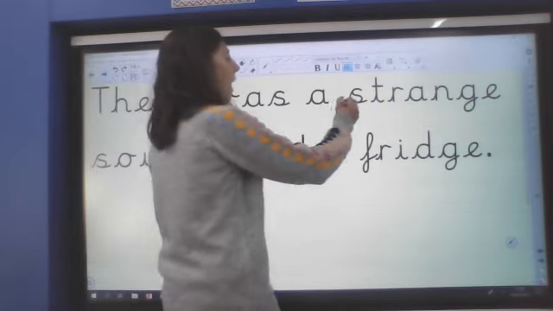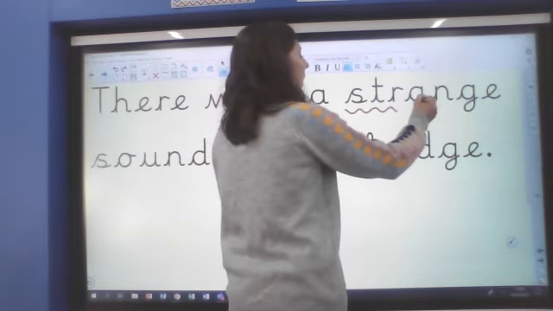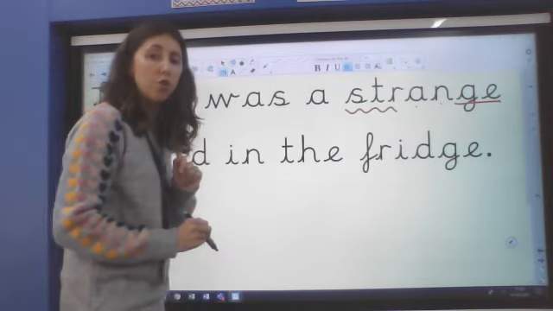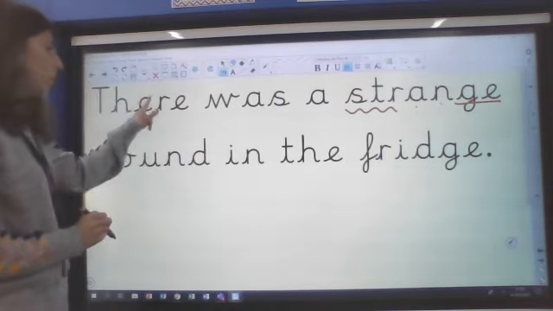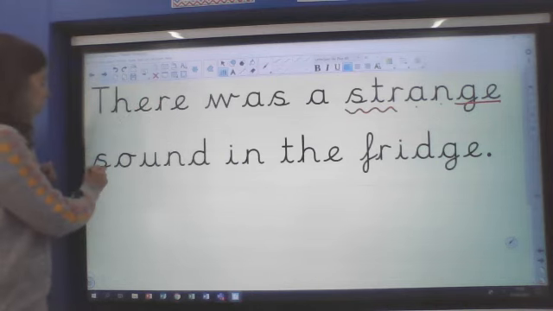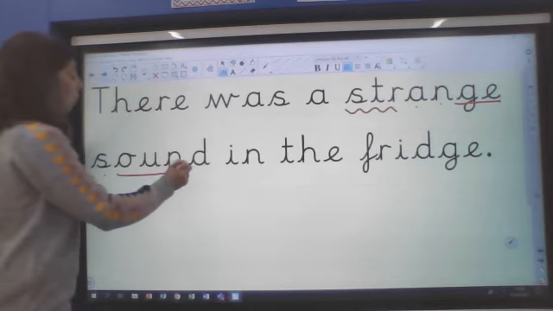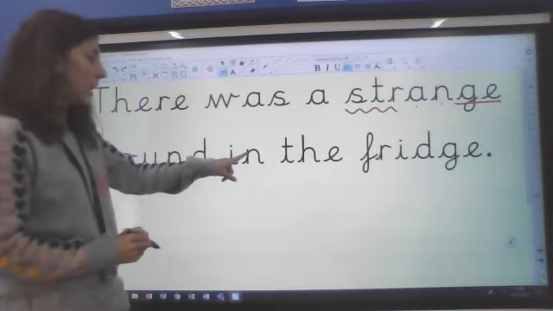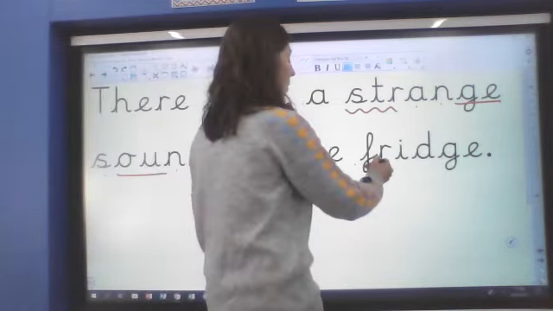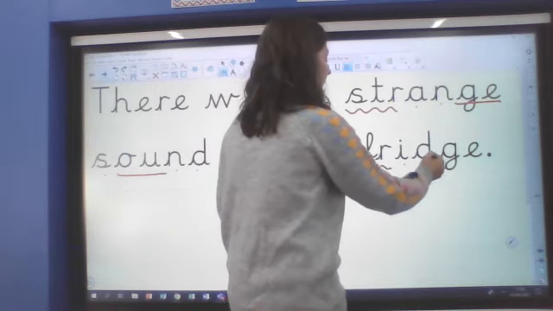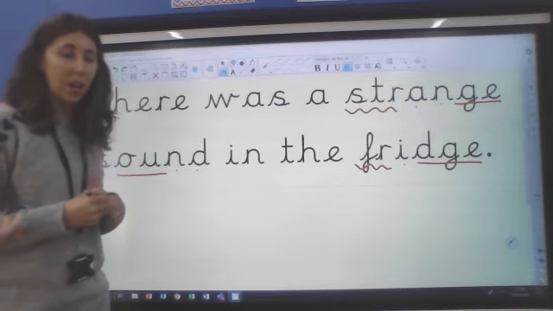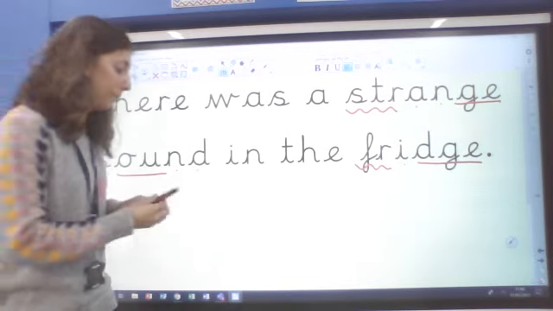There was a strange sound in the fridge. A strange sound in the fridge.